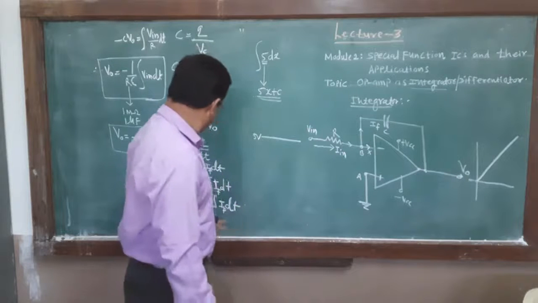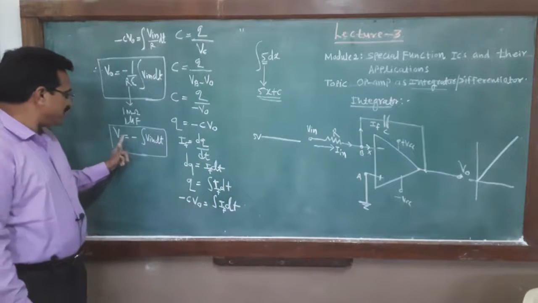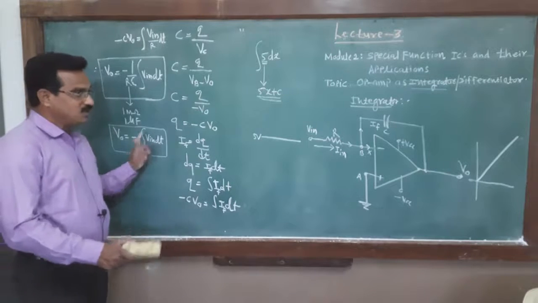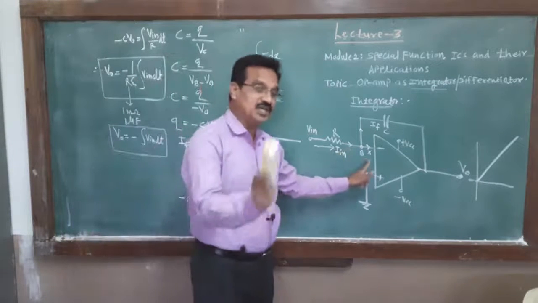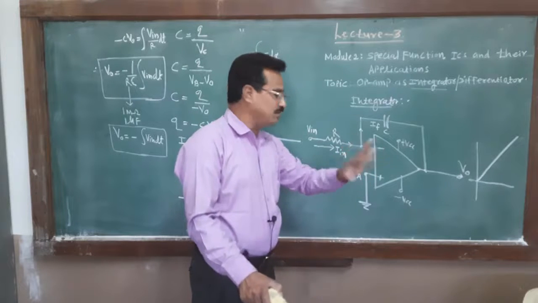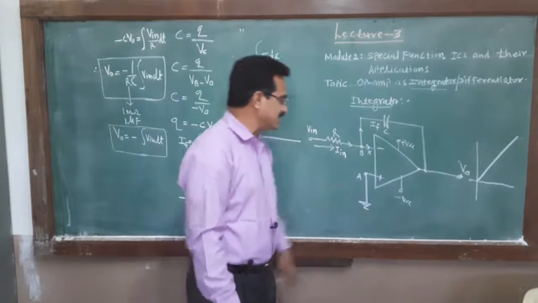But remember that in this equation the output has a negative sign. Why the negative sign? Because it is connected in inverting mode. In inverting mode the phase shift between input and output is 180 degrees.